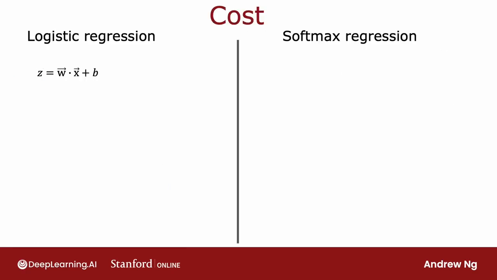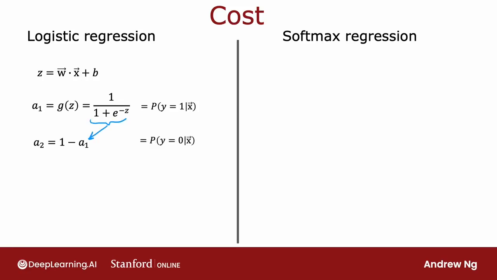Having defined how softmax regression computes its outputs, let's now look at how to specify the cost function for softmax regression. Recall for logistic regression, we said z is equal to this, and a1 is g of z, interpreted as the probability that y is equal to 1. And a2 is the probability that y is equal to 0.